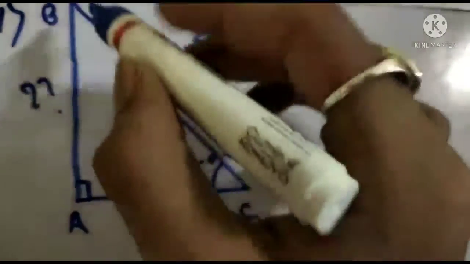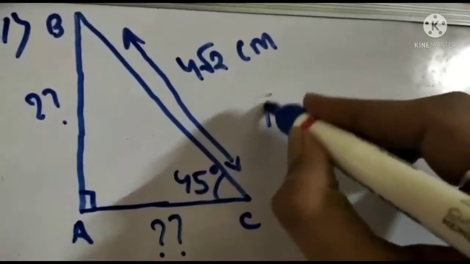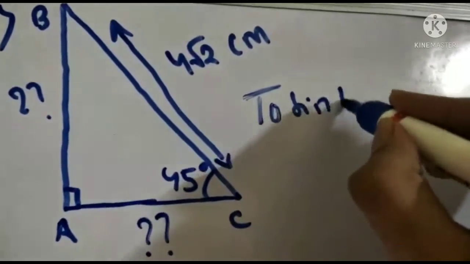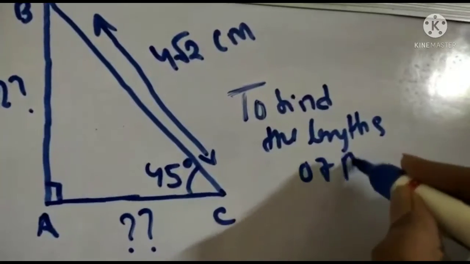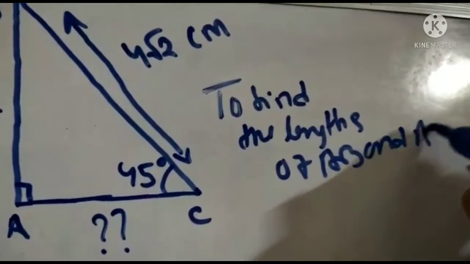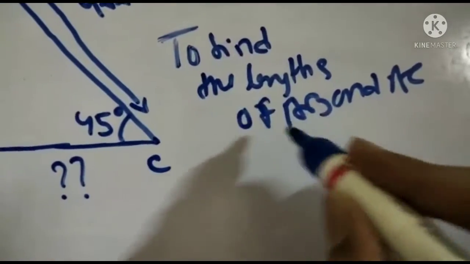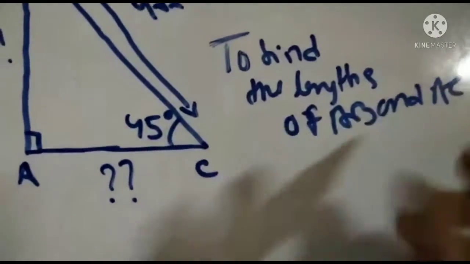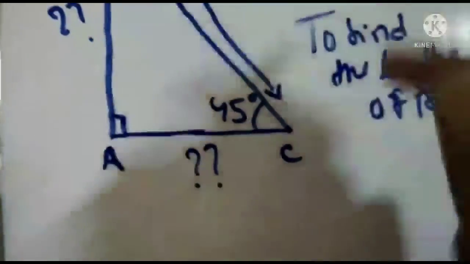Now, the question is to find the lengths of AB and AC. At first, how do we find the length of AB? Here the length of BC is given, so we have to use this parameter, BC, to find AB.